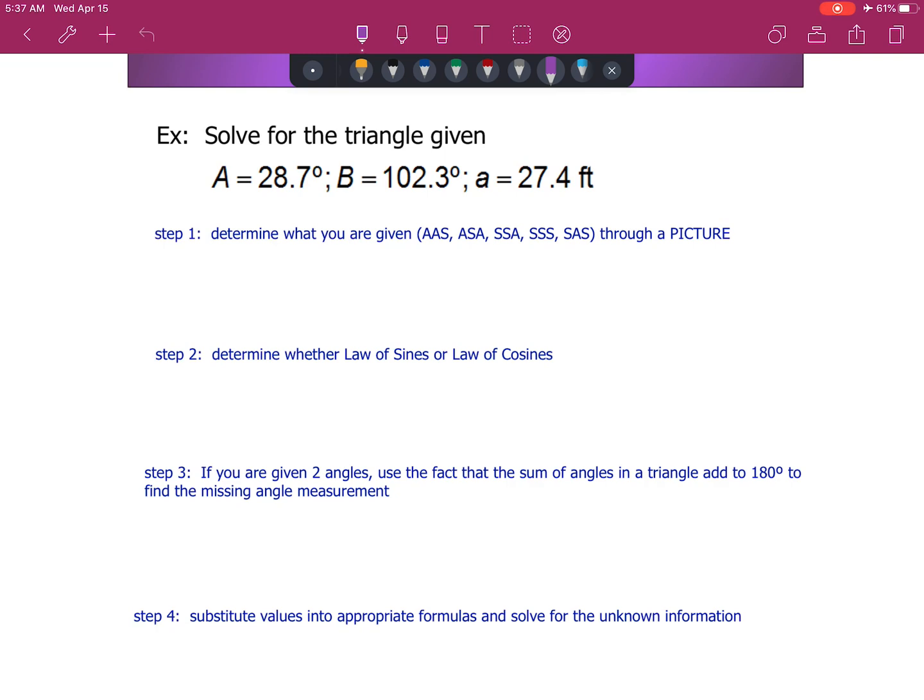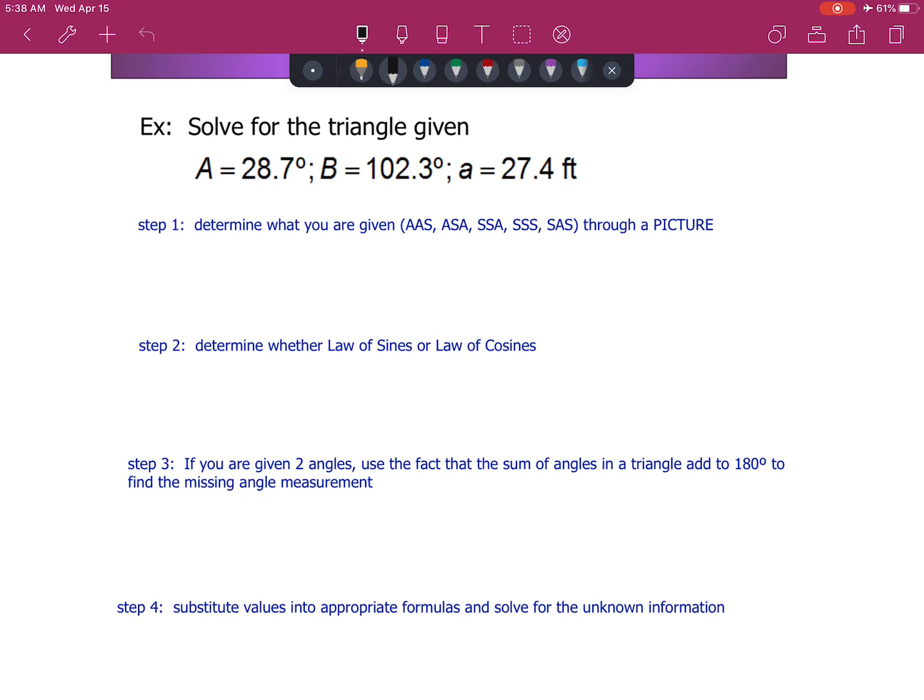So I'm going to try and draw a picture of this, and the more accurate I can be, the better I'm going to be able to reason whether or not my answer makes sense. I'm going to have a 28.7 degree angle, so I'm going to draw that here on the left.